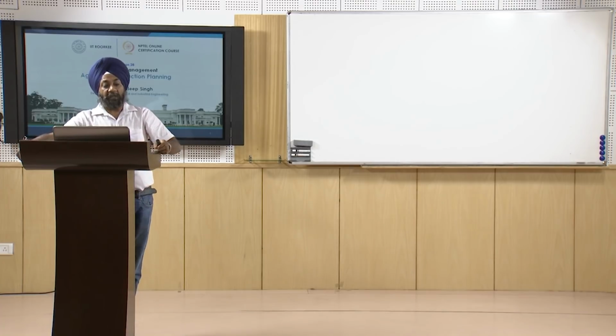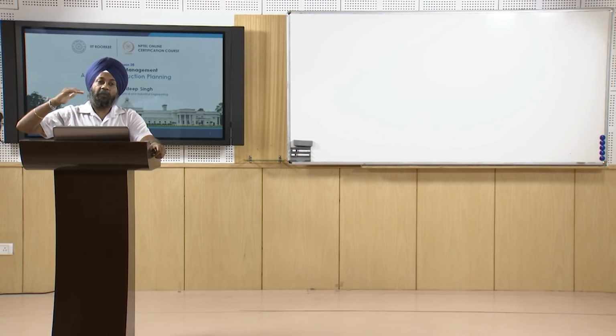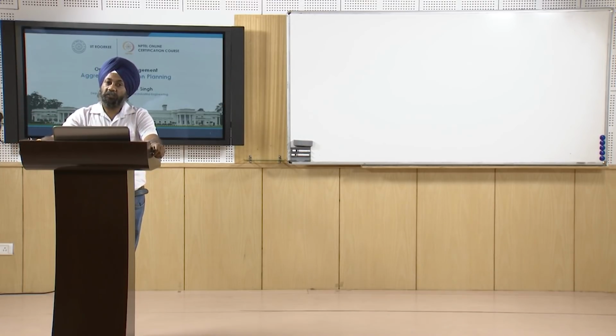Aggregate planning determines the resource capacity needed to meet the demand over an intermediate time horizon. As I have already explained, there is a strategic time horizon or long term planning activity, maybe focusing on the next 5 or 10 years of the organization.